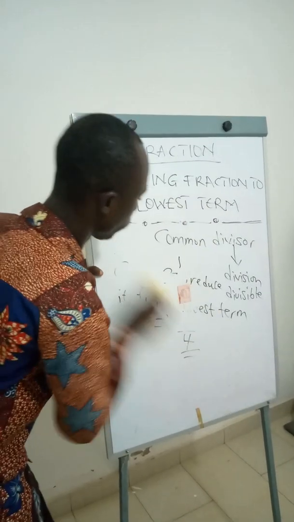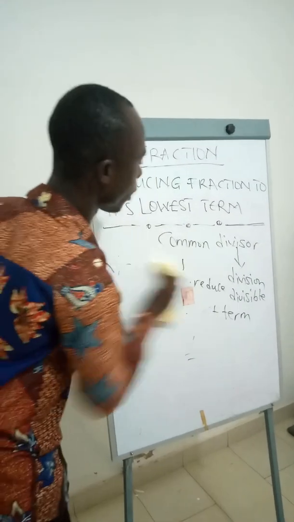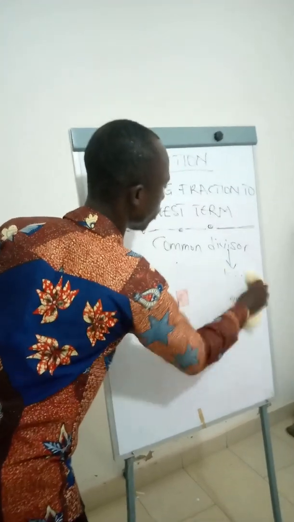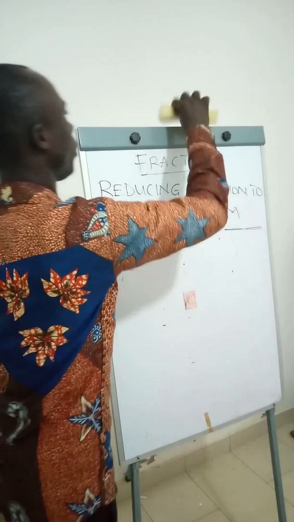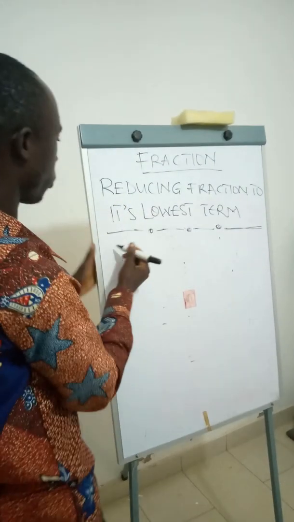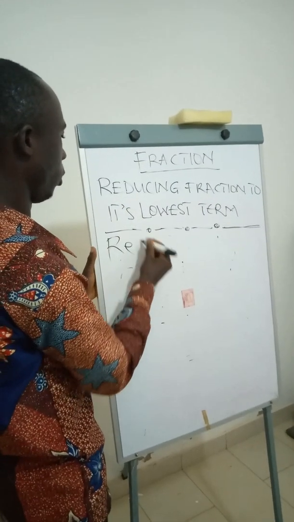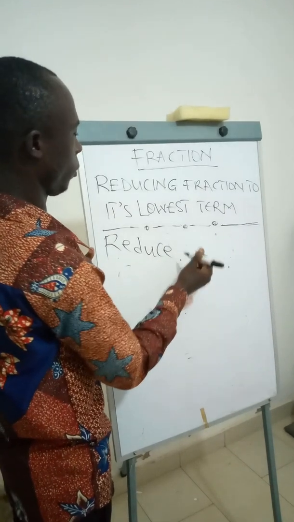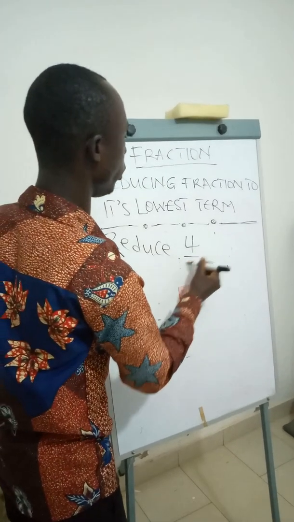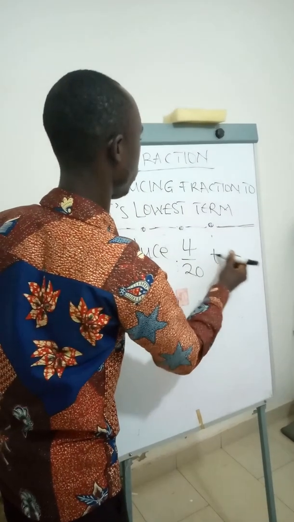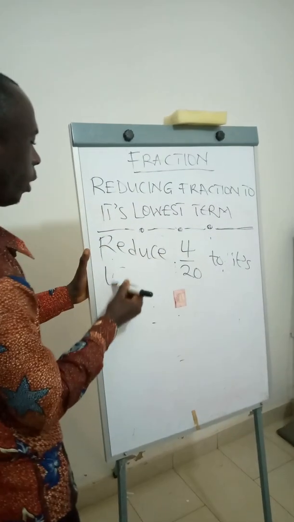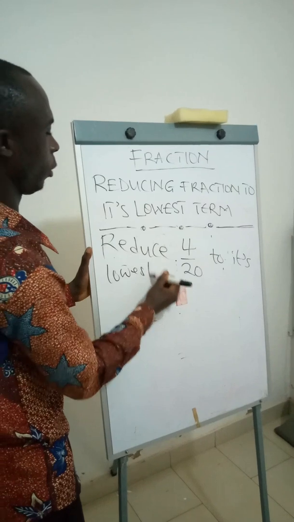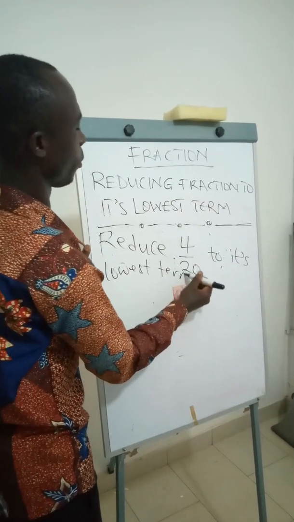Example 2. Reduce 4/20 to its lowest term.